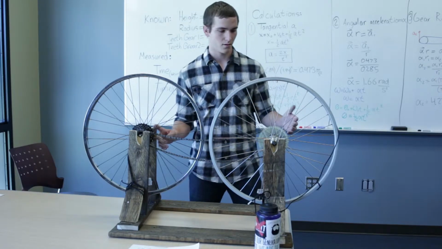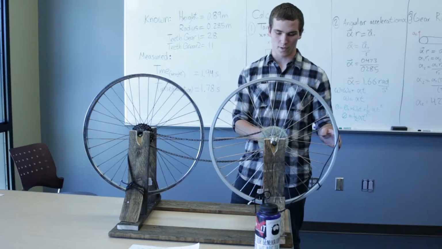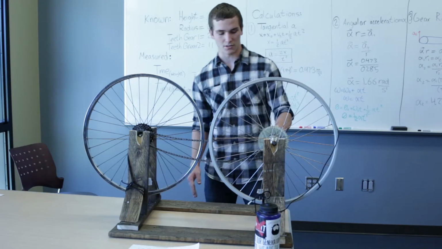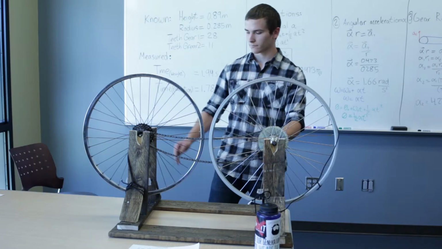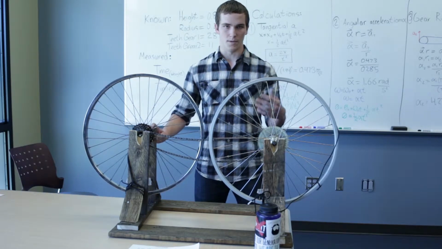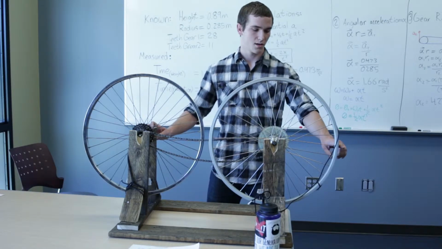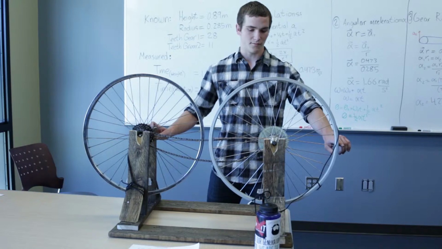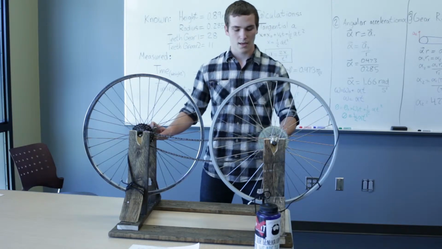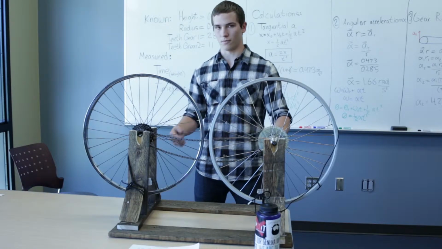Some variables that are given are the distance from which the object is dropped, the radius of the wheel, and the number of teeth on each of the gears for each wheel. During the experiment, there will be two times recorded. The first is the time it takes for the object to fall from a given point to the ground, and the second is the time for the wheel to make one full revolution.